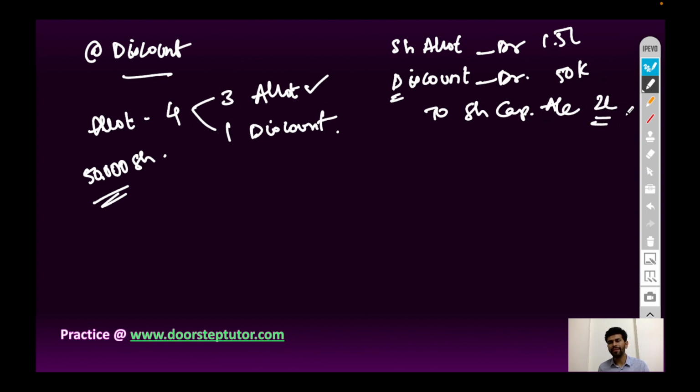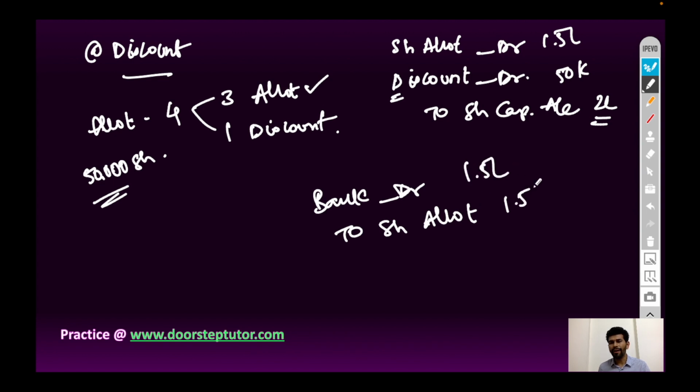Total of debit side is equal to credit side. And on receipt of allotment money, the entry will be bank account debit to share allotment account. Amount will be 1.5 lakh, 1.5 lakh. Amount will be share allotment money which is actually received after discount.